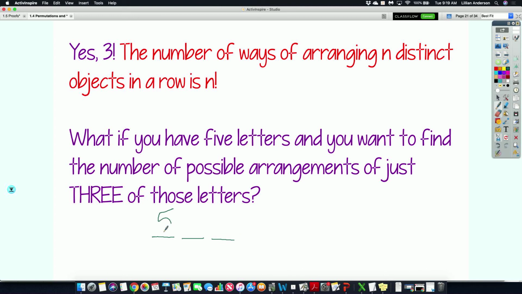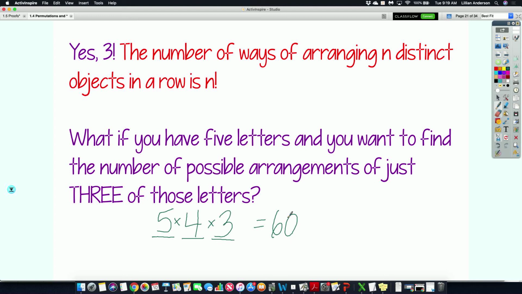That's 5 for my first spot. Once I choose one of those letters, I can't use that letter again, which means how many do I have for my second spot? And then once I choose those first 2 letters, that only leaves me with how many to choose from for my third spot? And what do you then want to do to these 3 numbers? Now this is how I would process and think of this. What's 5 times 4 times 3?